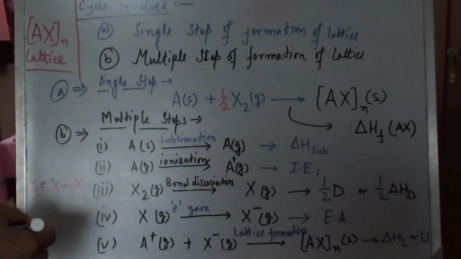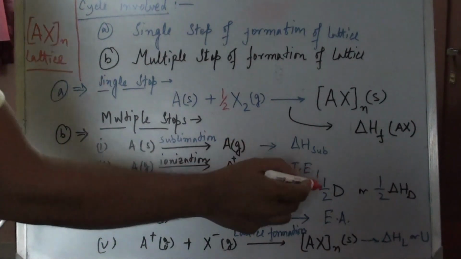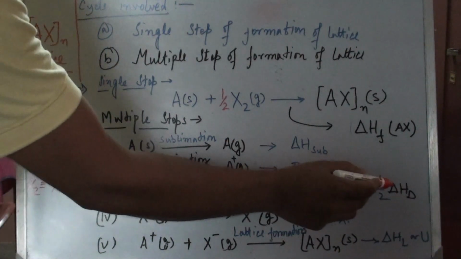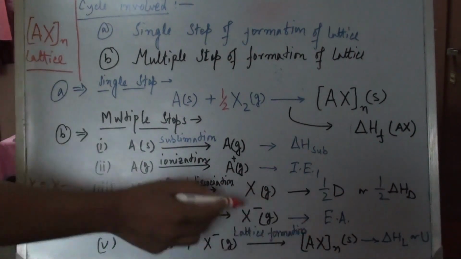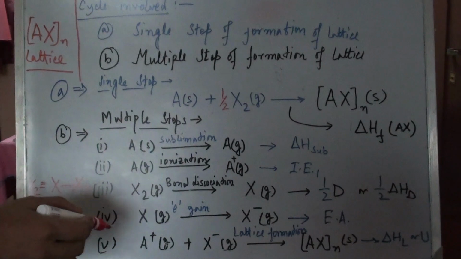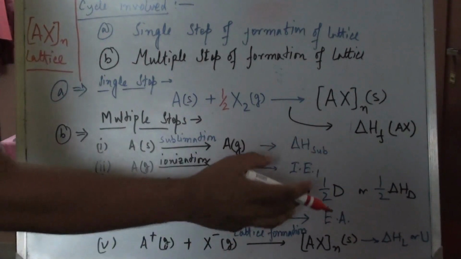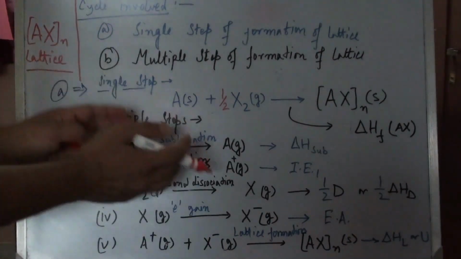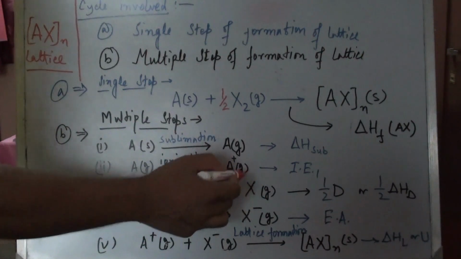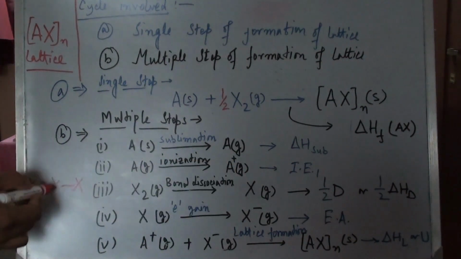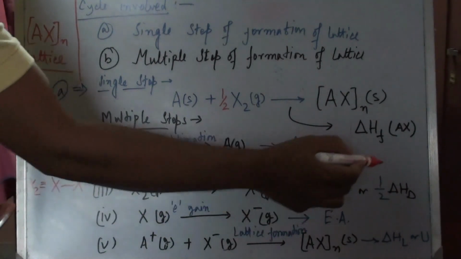Here we have to supply bond dissociation energy. It is denoted as D or delta H D. Since we need to produce AX with only one atom of X, it is multiplied by half. Half the amount of energy is required, since bond dissociation energy is stored in both these X atoms, and after breaking this bond we need only one X, so half the bond dissociation energy is required.